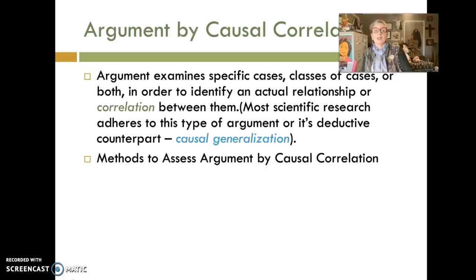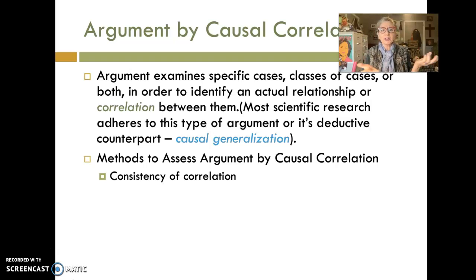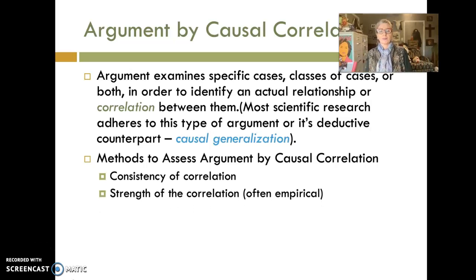So how do we assess an argument by causal correlation? Well, obviously we want consistency. We're looking for patterns. If you're looking at a correlation across these different cases, you want to see patterns. Then there's strength of correlation: empirical means, what does the data say?